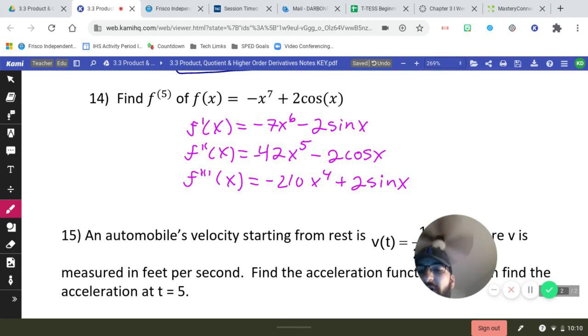But let's keep going. So f to the fourth, you can do the 4 tick marks across, but usually once we get to 4 is where we switch over to the number.